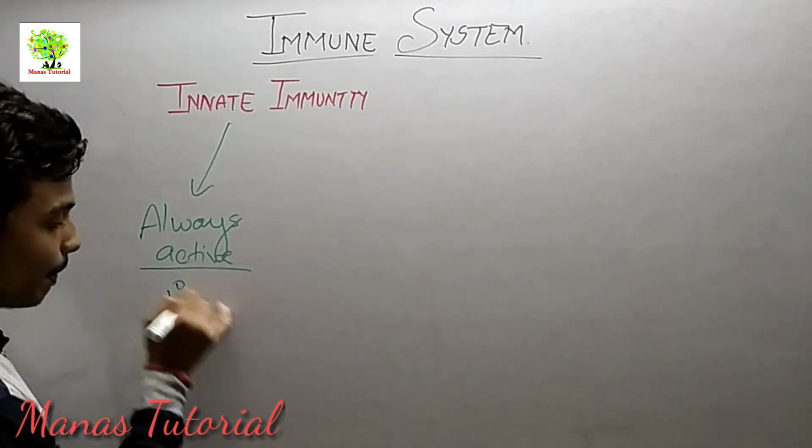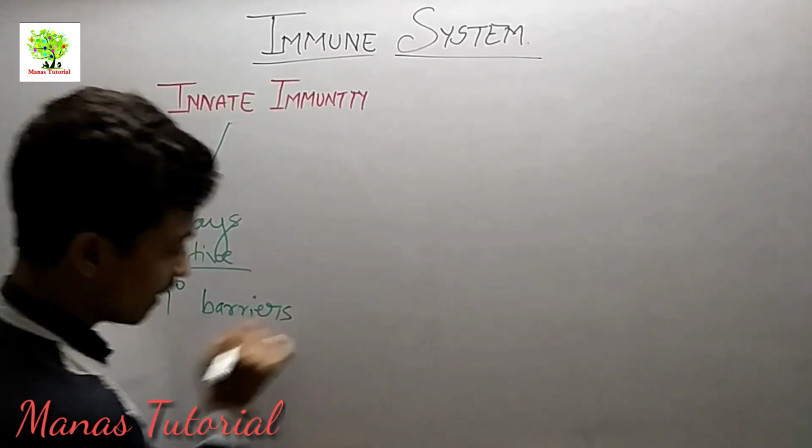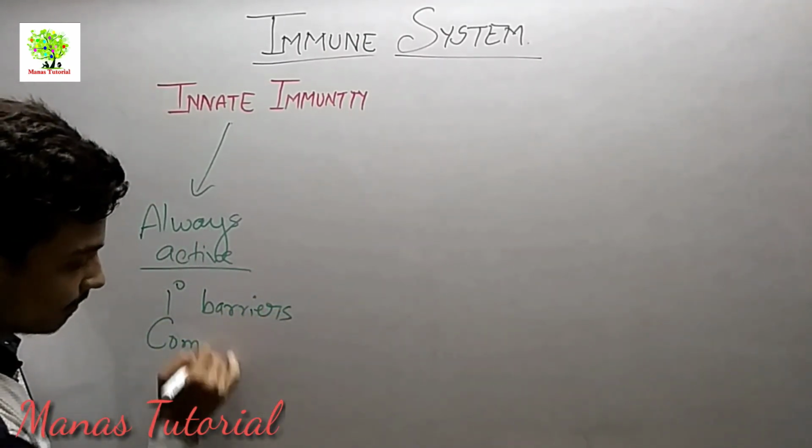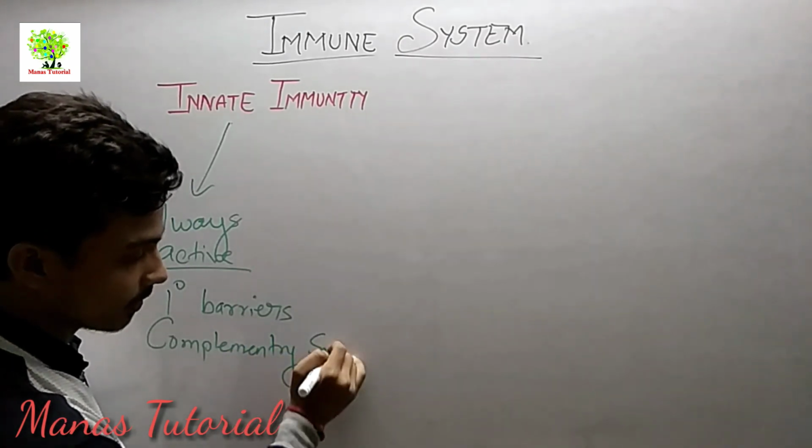They include primary barriers and the complement system.